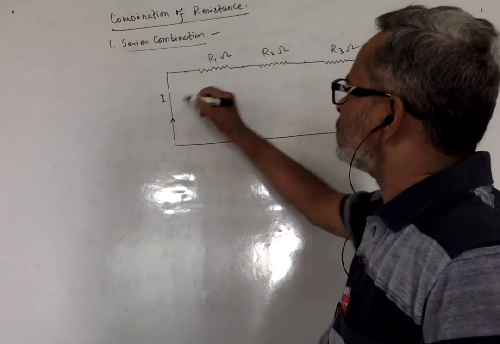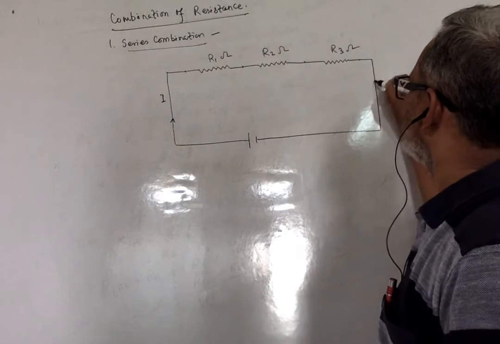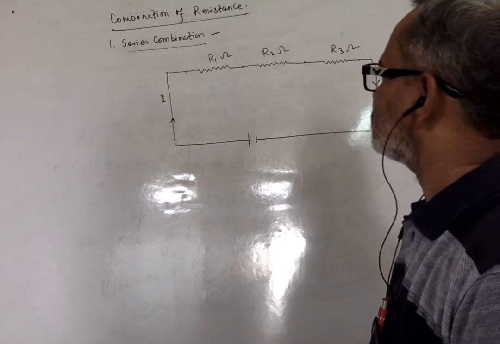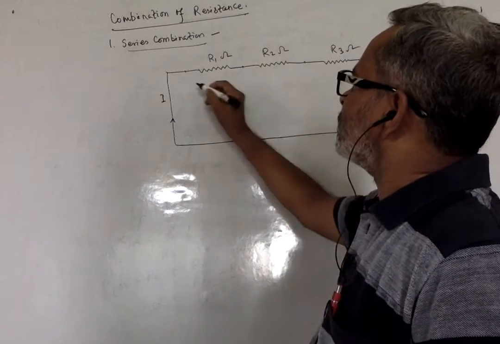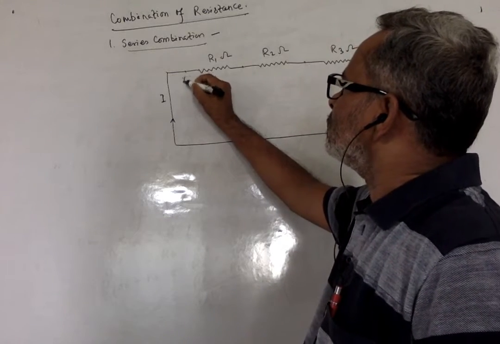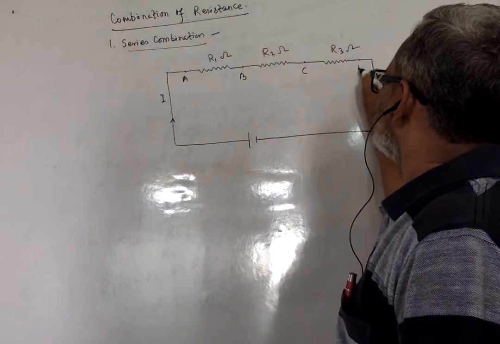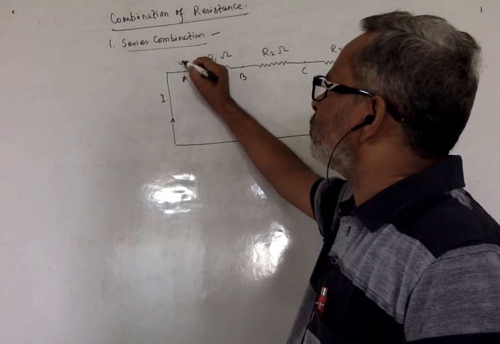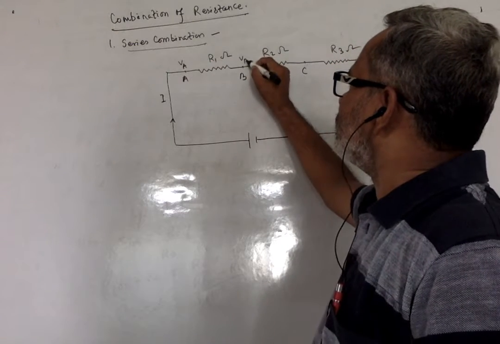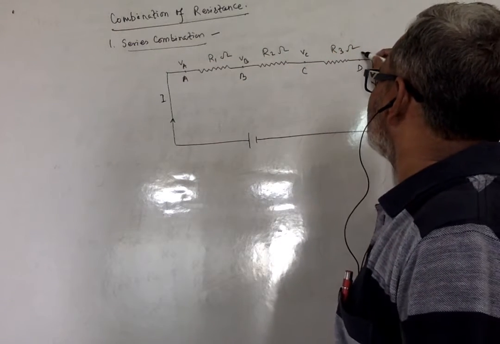Let current of strength I ampere flow through the combination A, B, C, D. Potentials of these points are VA, VB, VC, VD.